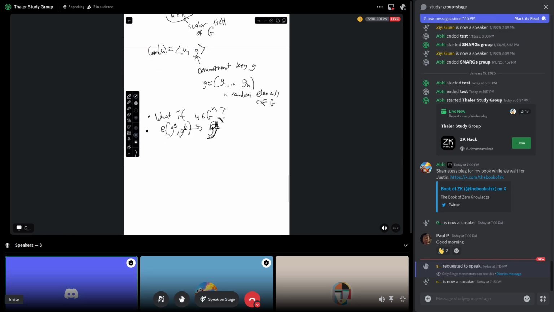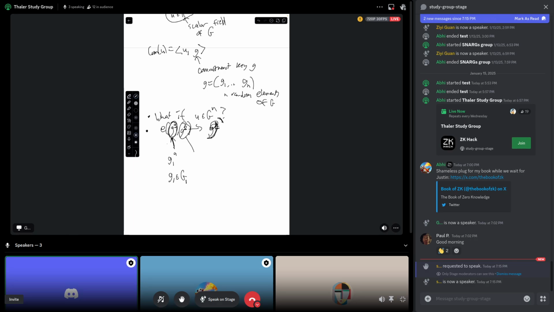Okay, so here's the annoying detail. There are actually three different groups at play whenever you have a pairing. This first group element, G to the A, is actually G1 to the A, where G1 is in what's called the first group, capital G1.